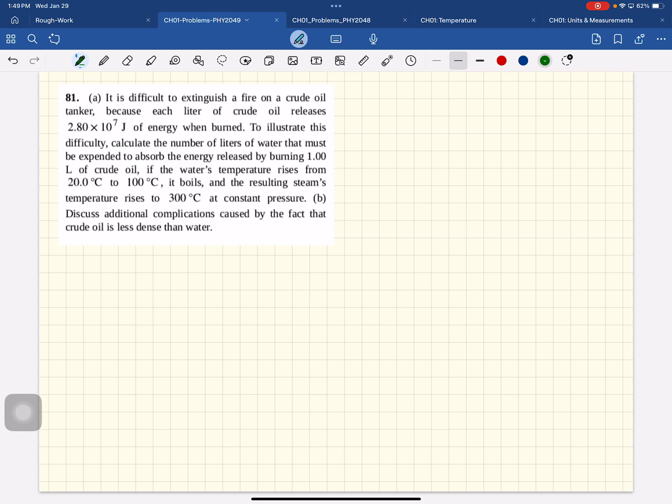So here's the heat that you have from burning 1 liter of crude oil. That's how much heat you have. What are you going to do? You're going to take a mass of water, warm it from 20 to 100 degrees Celsius. Then you're going to vaporize it, make it into steam.